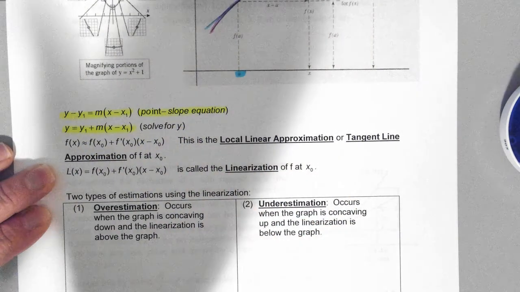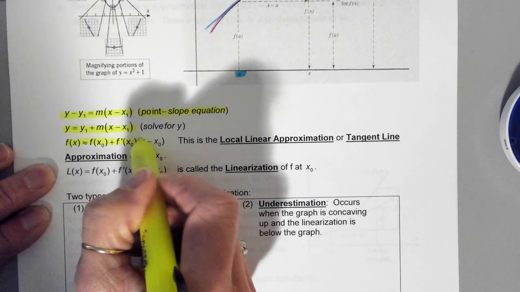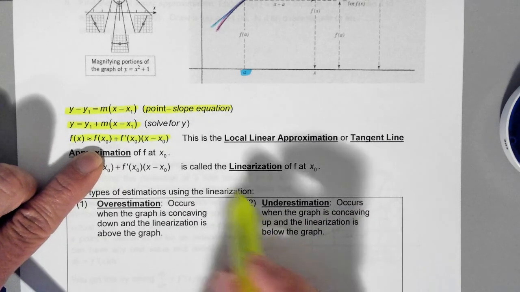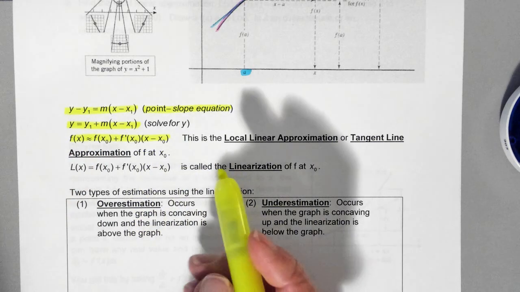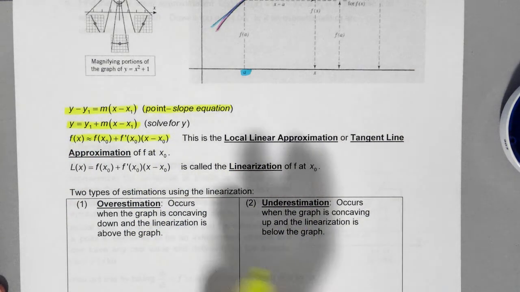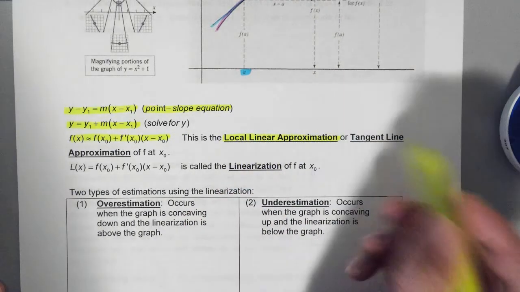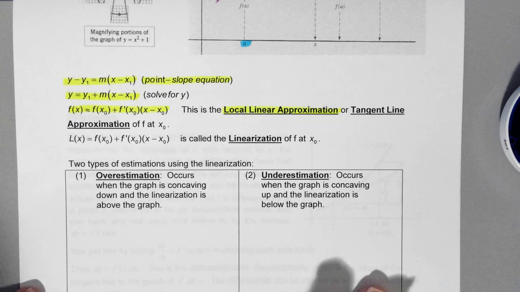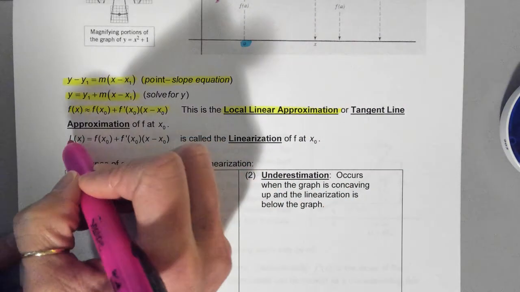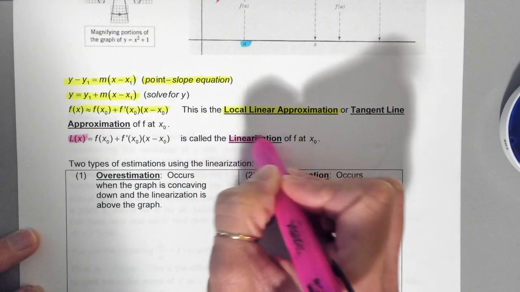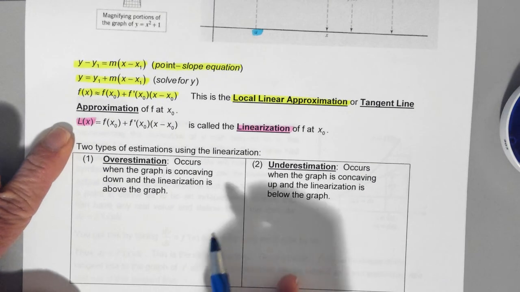Then you have all of this crazy mathematical notation. Here this says that f of x is approximately f of x sub 0 plus f prime of x sub 0 times x minus x sub 0. Okay, it's just notation. It's nothing that you haven't used before, but this is the formal notation for the local linear approximation. Big deal. Okay, we can totally do this. So the only difference now is, because we are using what's called linearization, your notation for this equation is going to be L of x.